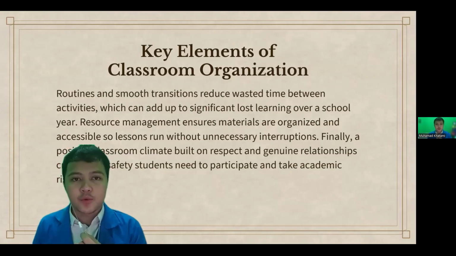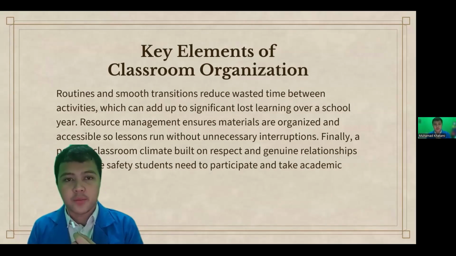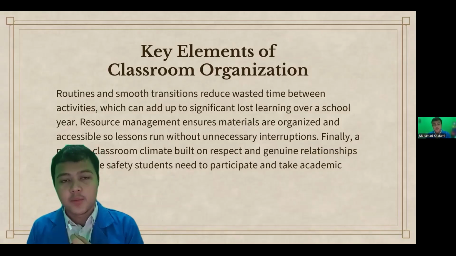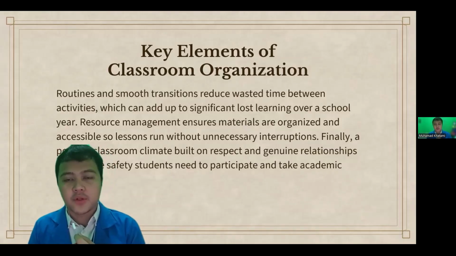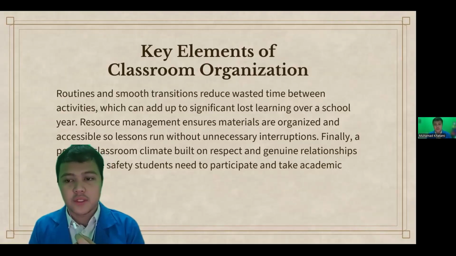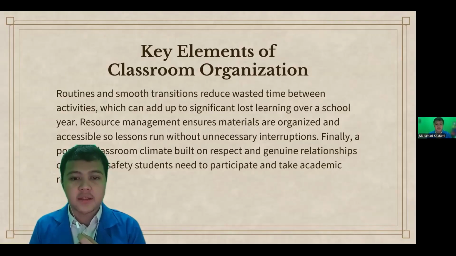Routines and smooth transitions reduce wasted time between activities, which can add up to significant lost learning over a school year. Resource management ensures materials are organized and accessible so lessons run without unnecessary interruptions. Finally, a positive classroom climate built on respect and genuine relationships creates the safety students need to participate and take academic risks.